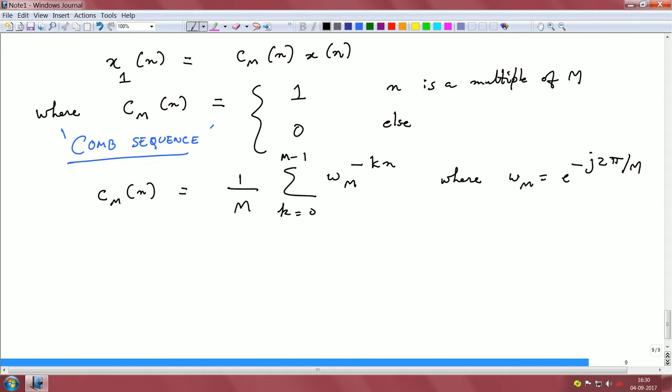C suffix m of n links the mth roots of unity, given by this relationship.